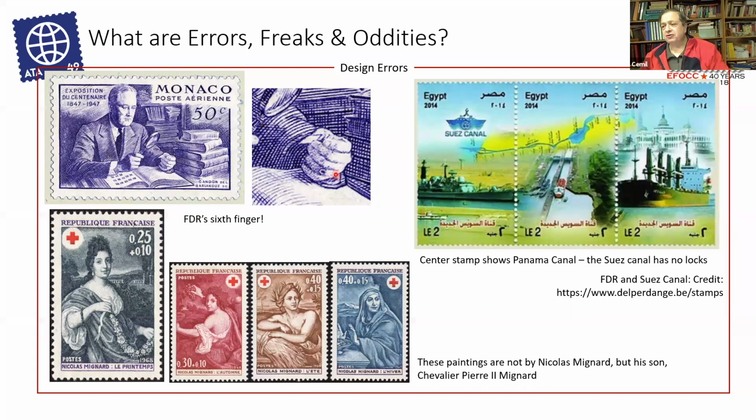This one is also a lot of fun, because this is an Egyptian stamp that celebrates the Suez Canal. However, when they designed the stamp, they put a picture of the Panama Canal, because the Suez Canal has no locks. Here you are seeing clearly there are locks.